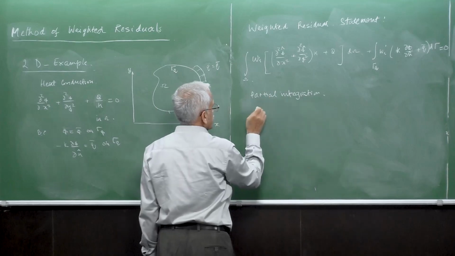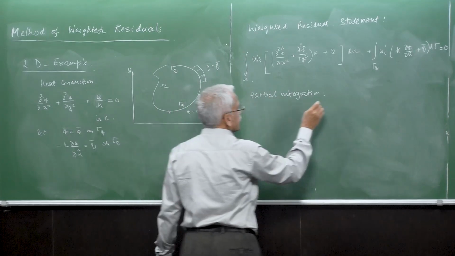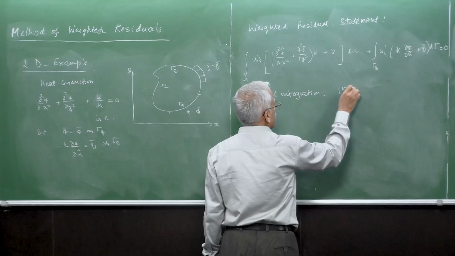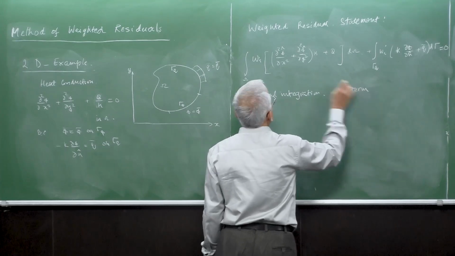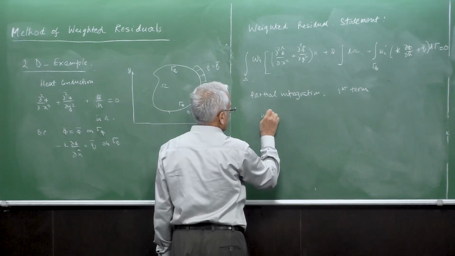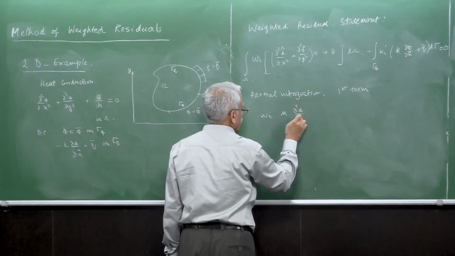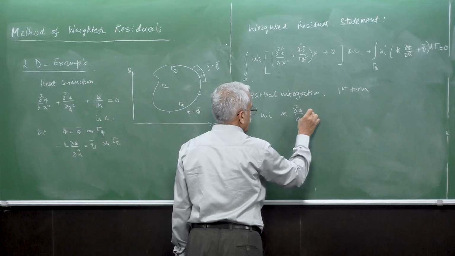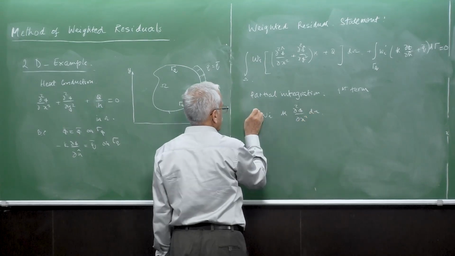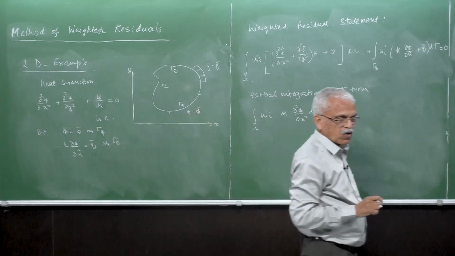So let's take one term, the first term. This term where we have Wi ∂²φ/∂x² over Ω.